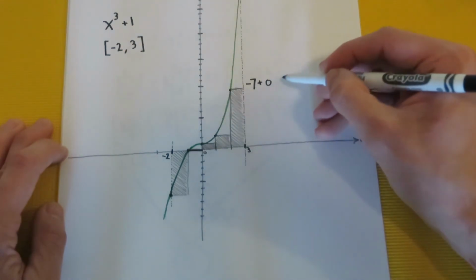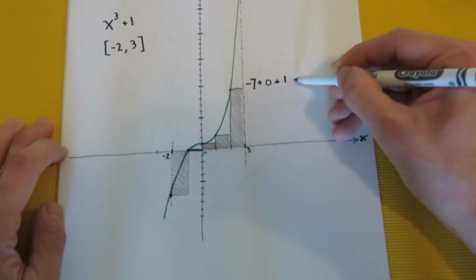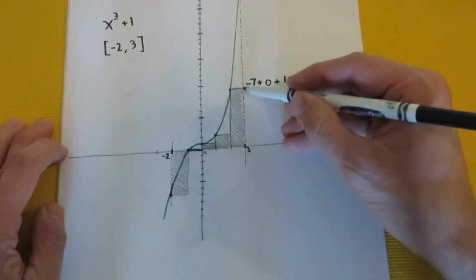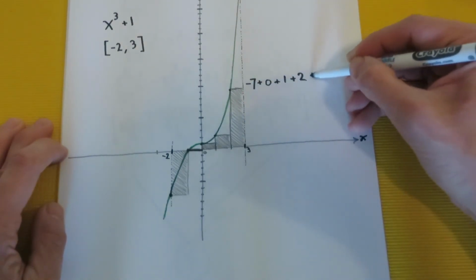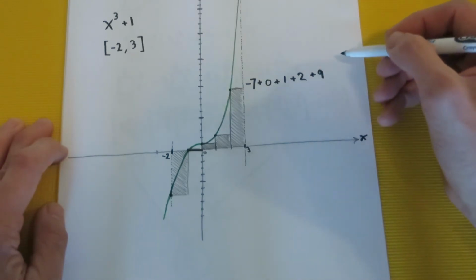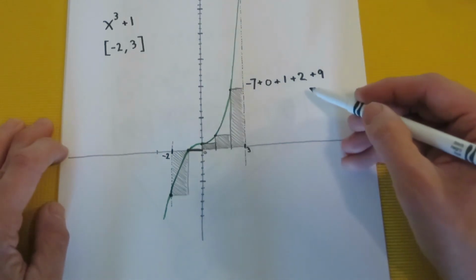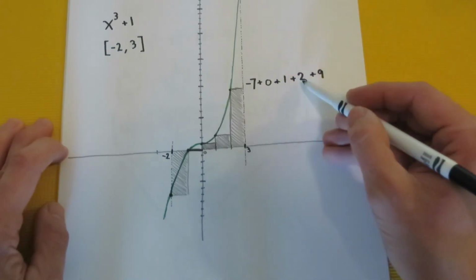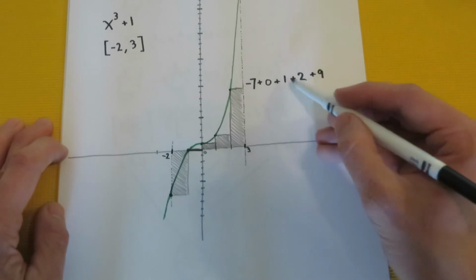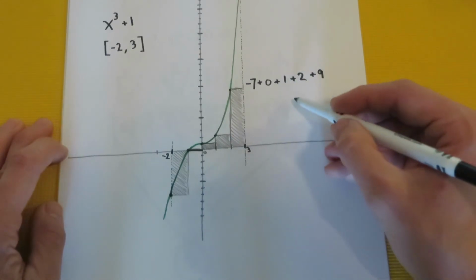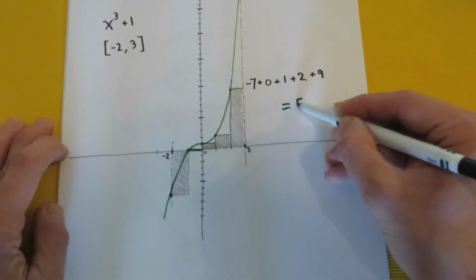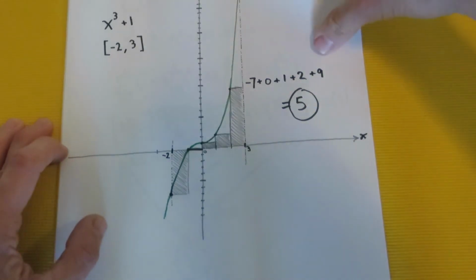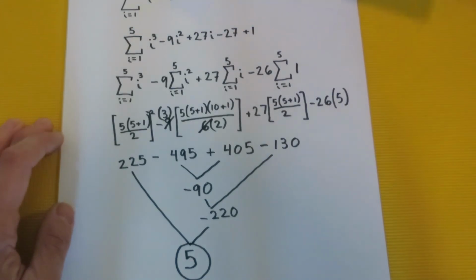Plus 0, plus 1 here, plus 2, plus 9, I believe. Yeah. Alright. And we could do this in the most straightforward fashion here. 9 minus 7 gets us to 2, plus 2 is 4, plus 1, sure enough, yep, it equals 5, which is the answer that we got when we did all of this business here.